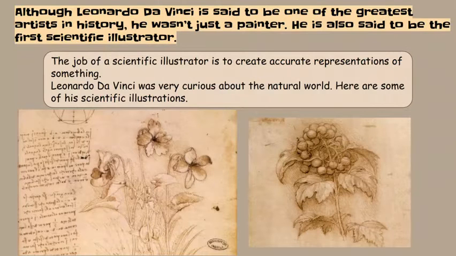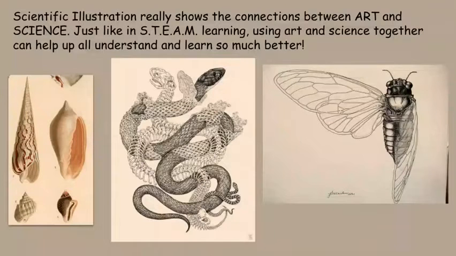Here are some of his scientific illustrations, over 500 years old. Scientific illustrations really show the connections between art and science. Just like in STEAM learning, using art and science together can help us all understand and learn so much better.